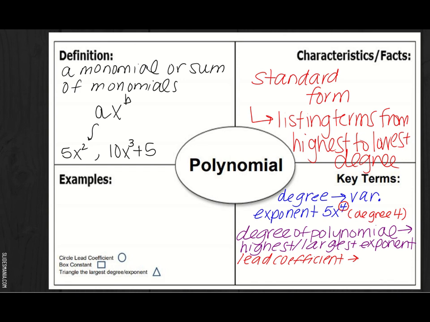So in 3x, the coefficient is 3. In 10x to the fourth, the coefficient is 10. The coefficient is the number in front. So the lead coefficient is going to be the number multiplied by the largest degree.